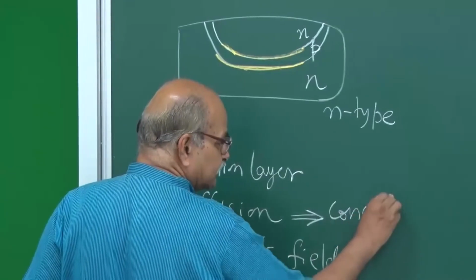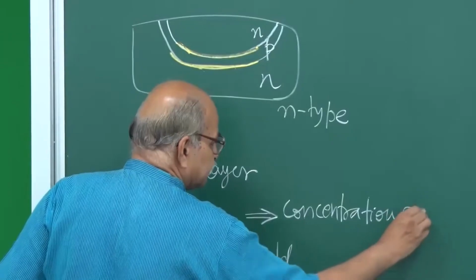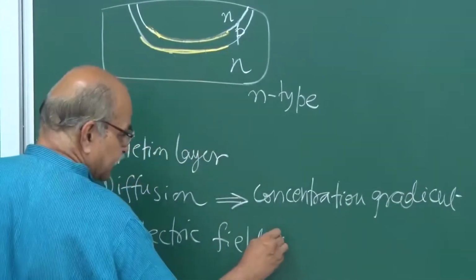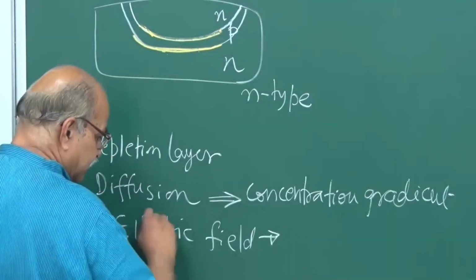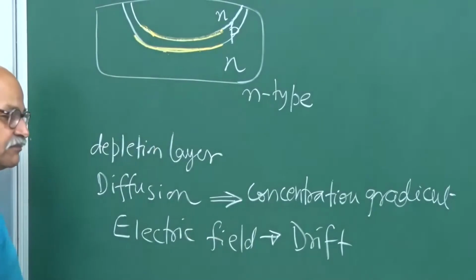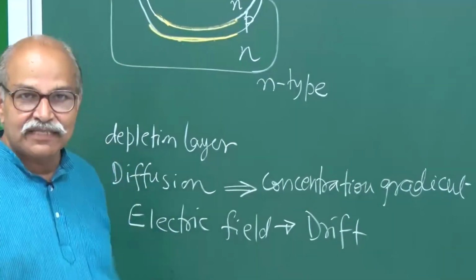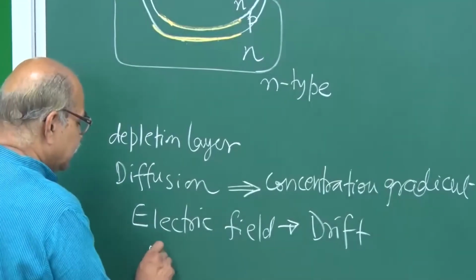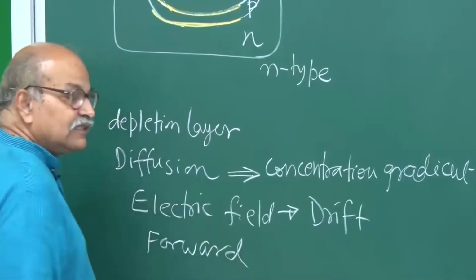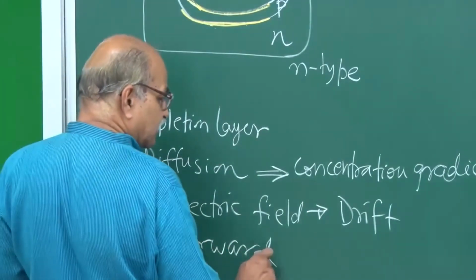All these things we have done. And the electric field will give rise to drift current. So drift, minority carrier, majority carrier, injection, forward bias, reverse bias, everything is the same, and that's why I had said that if you understand the PN junction, you understand almost everything of semiconductor electronics.